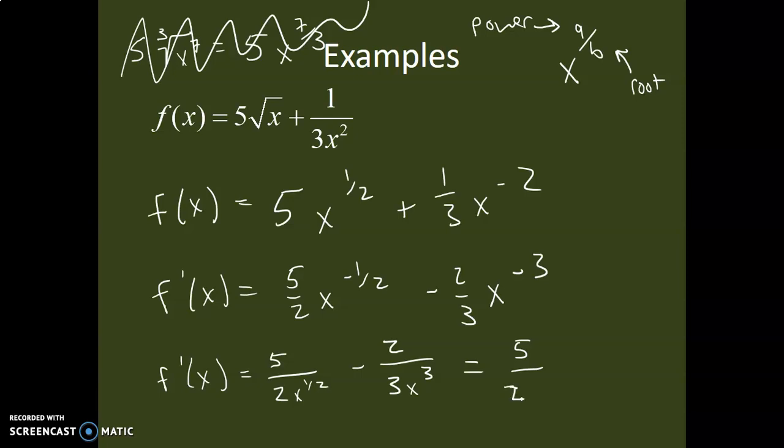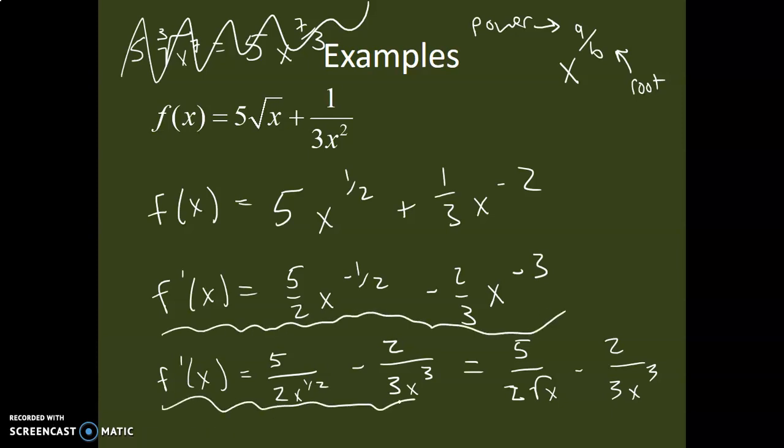So 5 over 2 square root of x minus 2 over 3x to the 3rd. Again, this is fine, this is fine, or this is fine. Any of those are acceptable. This is most likely what you would see on the multiple choice portion of the exam.